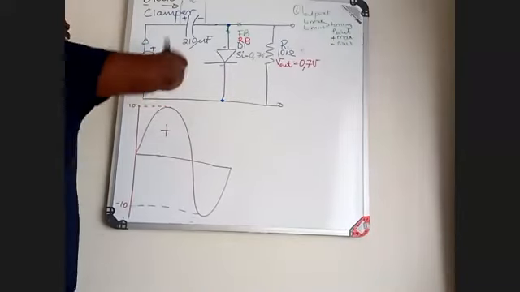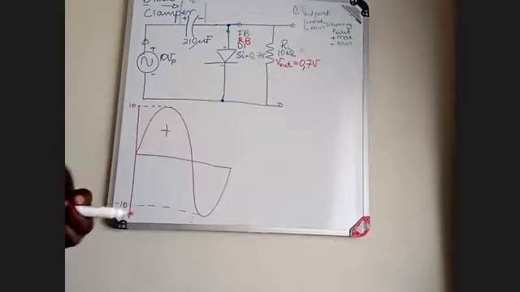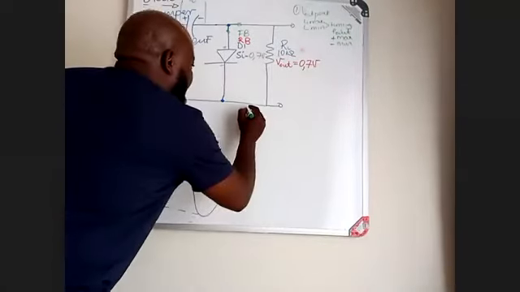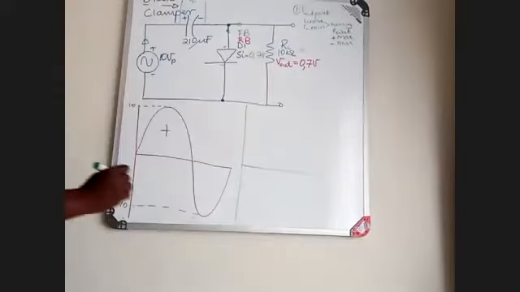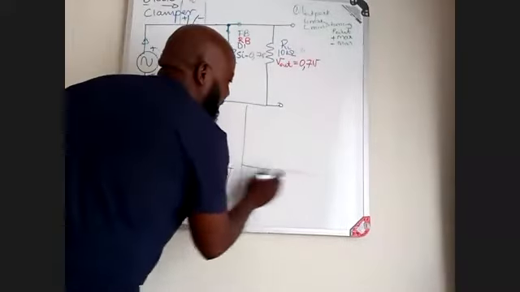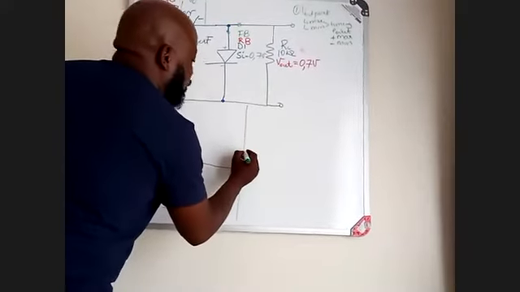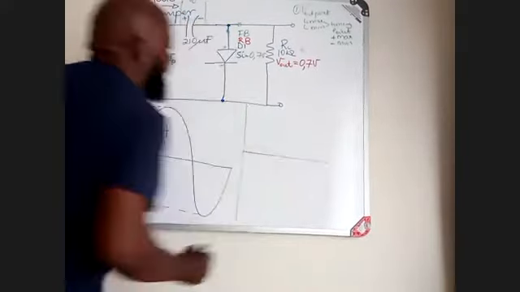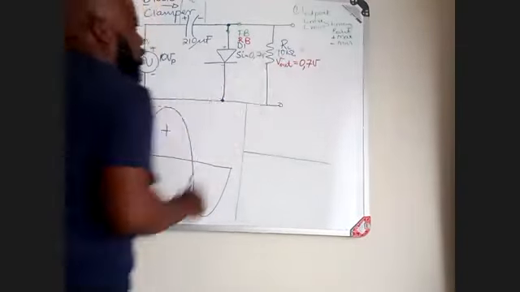But now with this circuit, my output is going to be an output whereby I need to turn at 0.7.